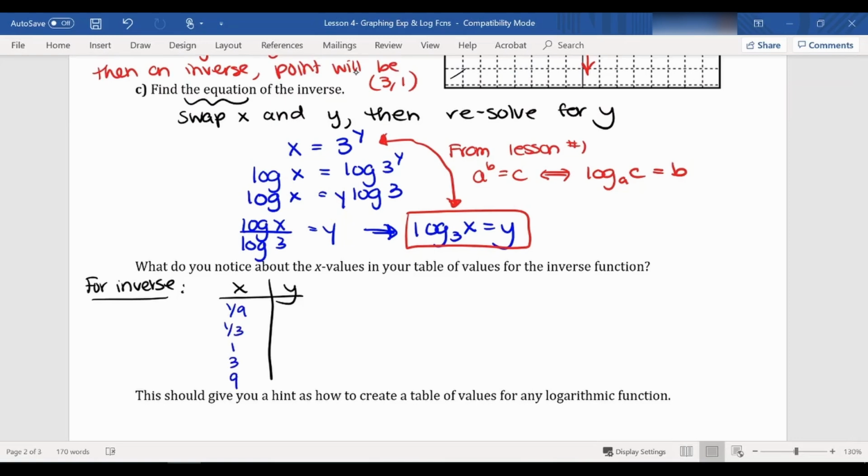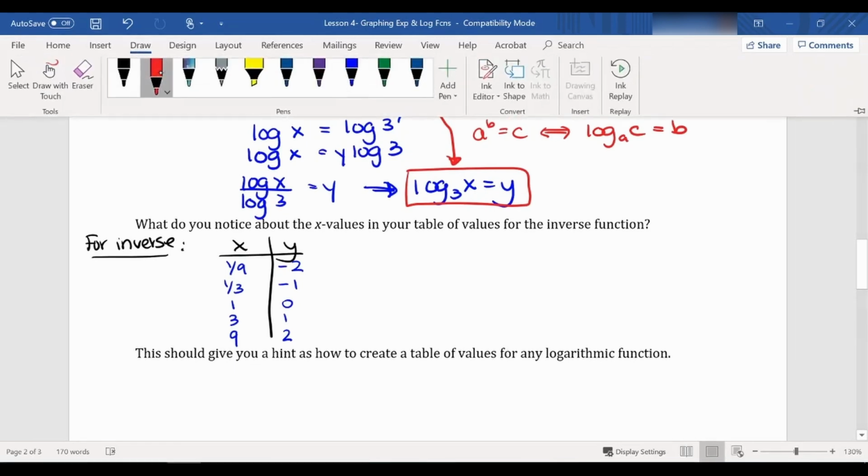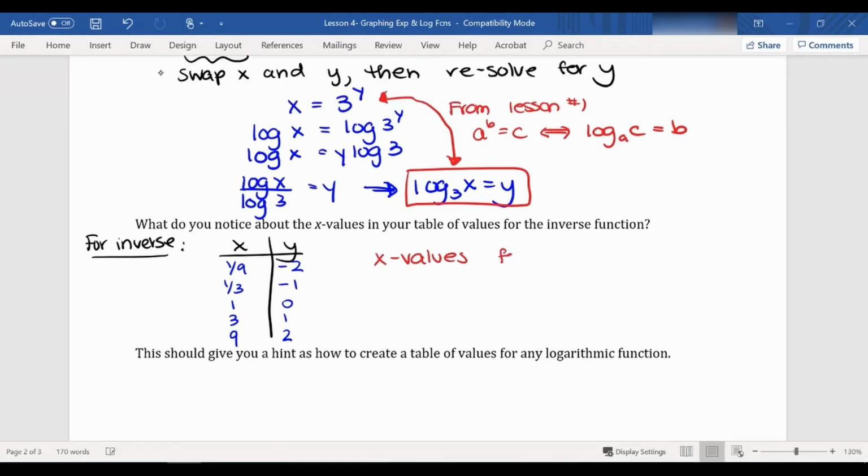And our x values from our original table are now our y values, which were these. So our table is literally just a swapped version of our original table, but I'm not using the 3 and the negative 3. They didn't fit on our picture very well. So our x values are all powers of 3. If we didn't have 3 to the x, they would be powers of whatever your base was.